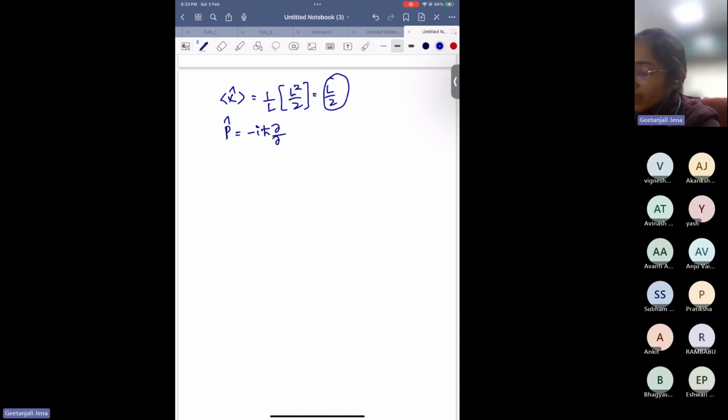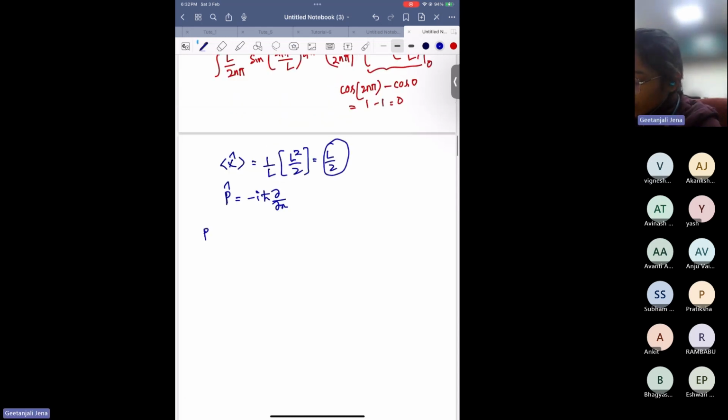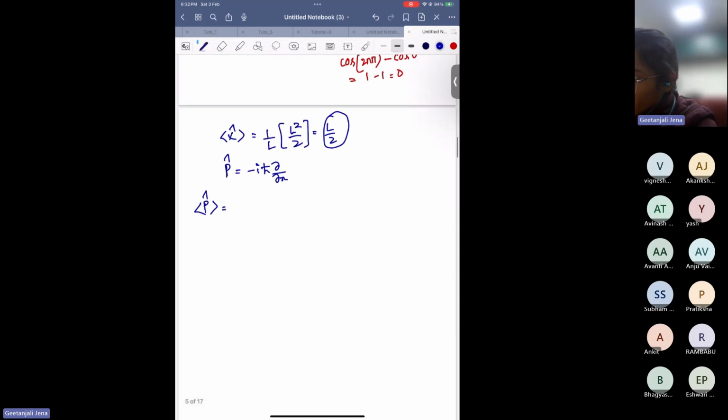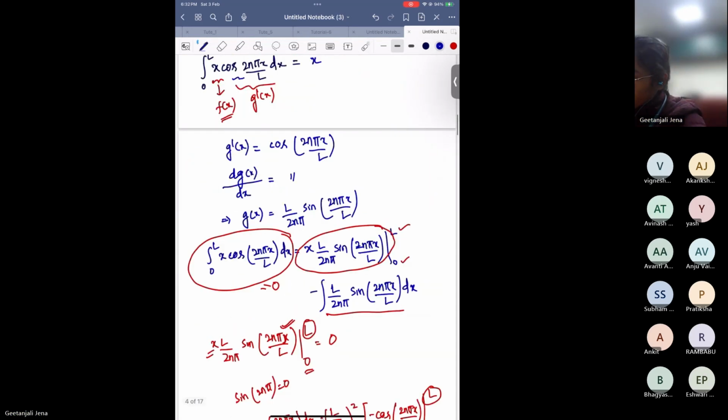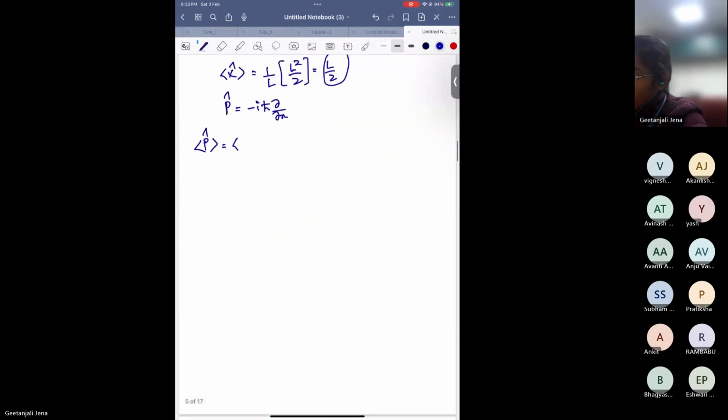It is dou by dou x. So now you want to calculate the expectation value of P. So same as the expectation value of X. So it will be phi n, this is phi n x, P operator phi n.